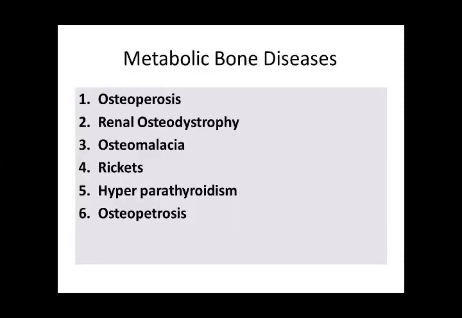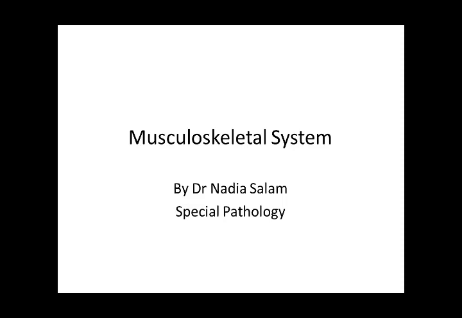We will begin with the musculoskeletal system today in special pathology. I had one lecture with you before in which we discussed the normal architecture, the orchestra of the bone, the cells of the bone, how they make and break the bone, and the rhythm between them.